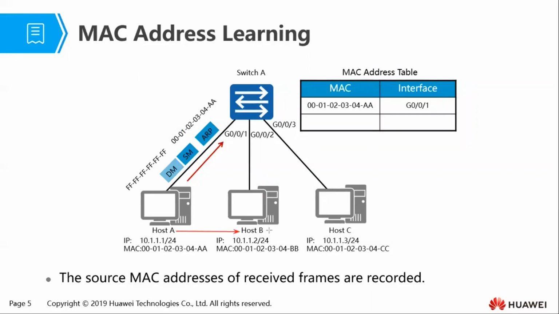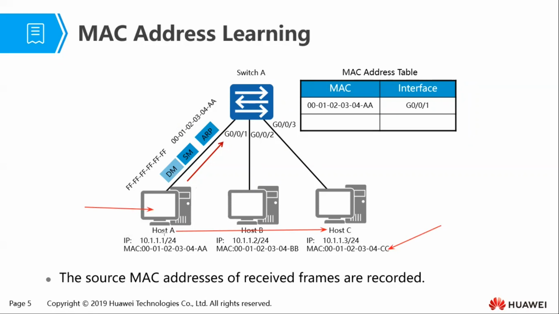In the meantime, let's assume that host A wants to send a frame to host C. So the very first thing host A will have to do is find out, do I have the MAC address of host C? So it will begin by checking its own ARP cache table.